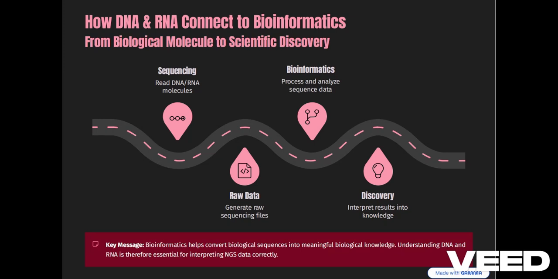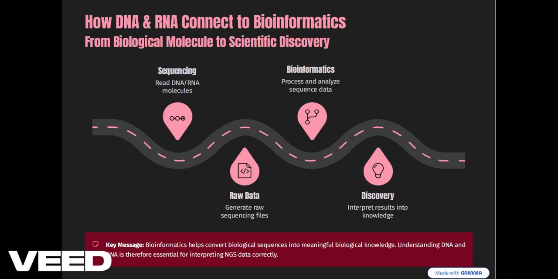When we later start working with FASTQ files, we should know what those sequences represent biologically. We should not simply run commands and generate results. We should understand the biology behind the data. And that is the real goal of the NGS Bioinformatics Master course.